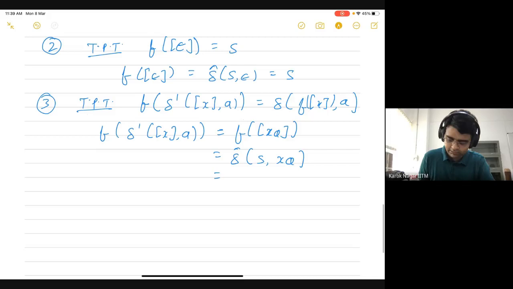And this, by the definition of delta hat, is the same as delta of delta hat of s comma x, comma a. And this in turn is the same as delta of f of x, comma a, because that's what f of x is defined to be.